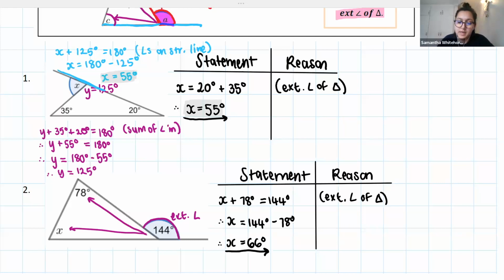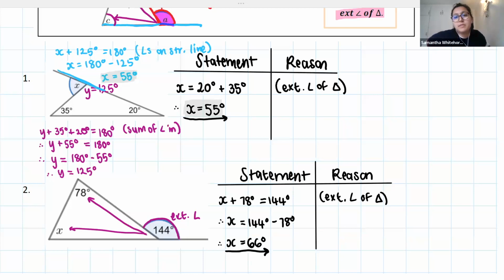Hi, ma'am. I wanted to ask, why don't we say x plus 78 equals 180 degrees? Instead, we say x plus 78 equals 144 degrees.